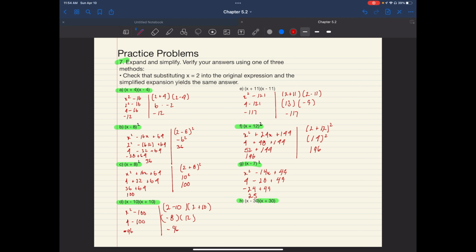Now, let's sub 2 into the original equation. 2 minus 7 squared equals negative 5 squared equals 25.